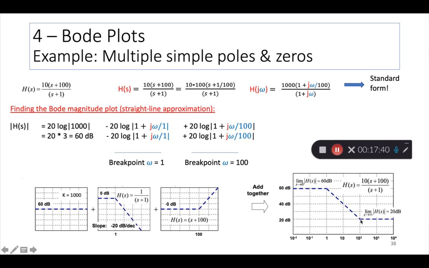Then at 100, all three now have a role to play. So at 100, you have this 60, and then this one, if this is 1, this is 10, this is 100, has already dropped to minus 40, and this one is still at 0.